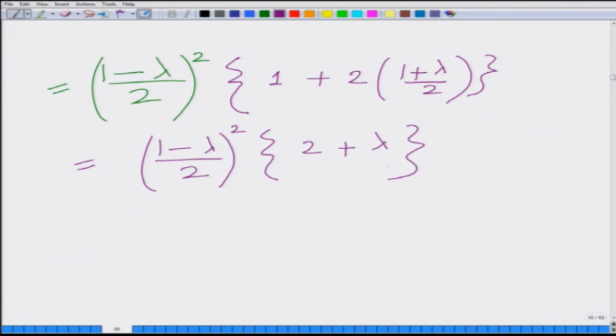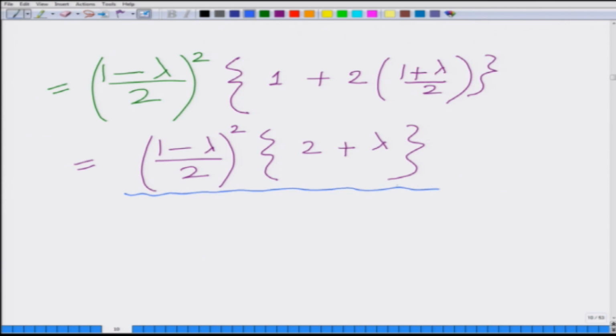So, what we have derived is the average bit error rate for a wireless communication system with L equals 2 antennas.